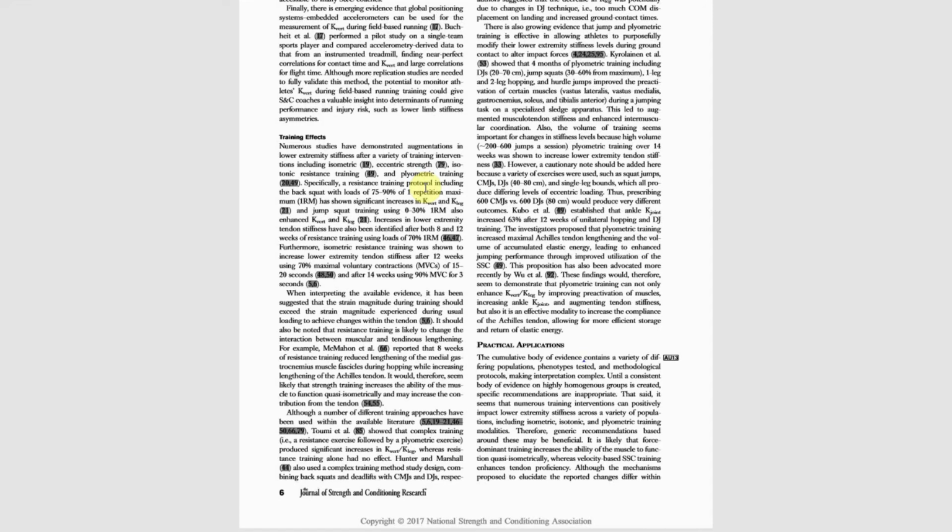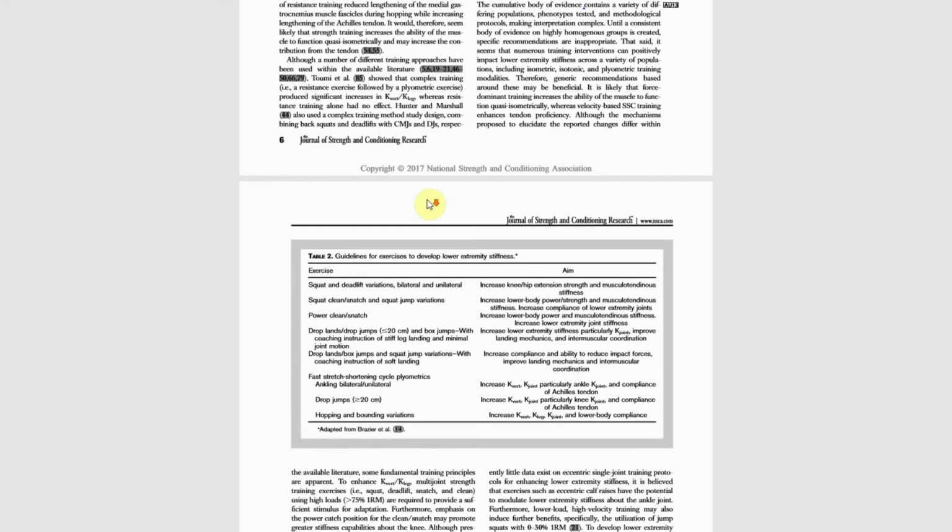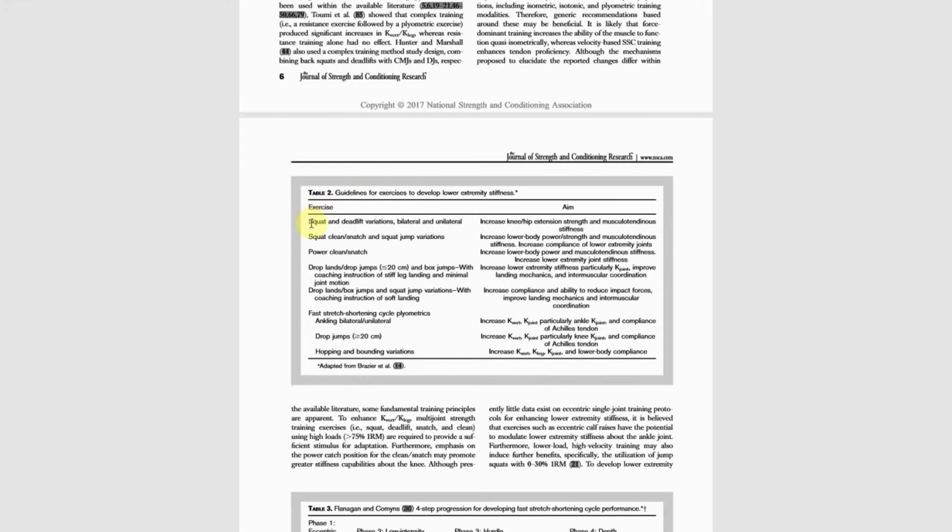From the literature, it appears that complex training may provide a potent stimulus and may be more effective than singular training modes in the development of lower extremity stiffness. And on table 2, we've provided a number of exercises and their potential aims in regards to improving lower extremity stiffness.